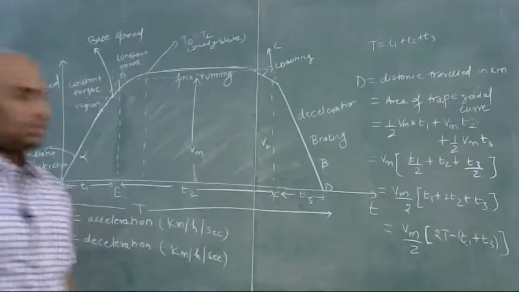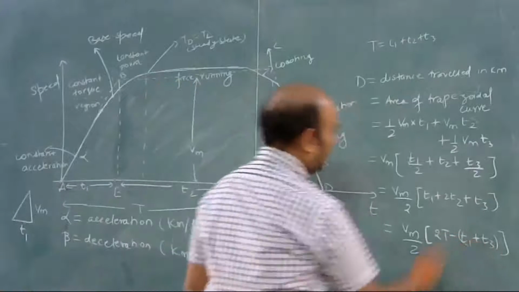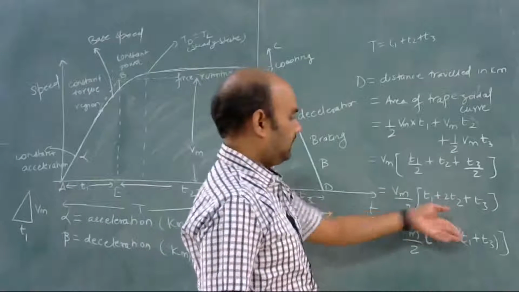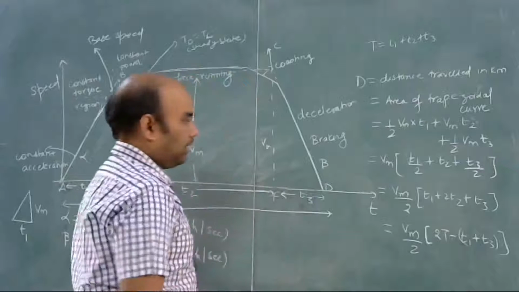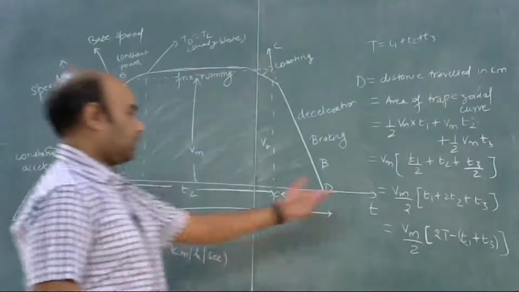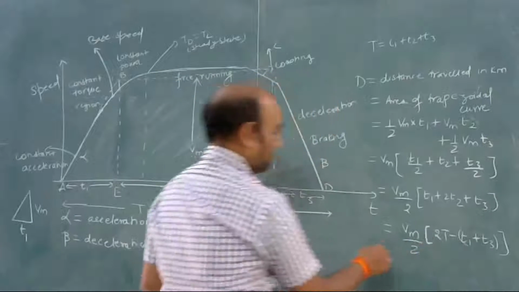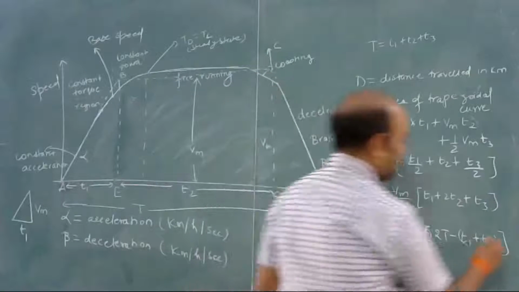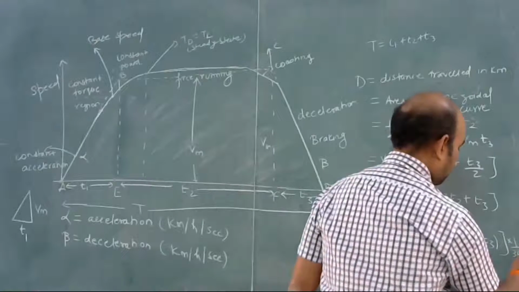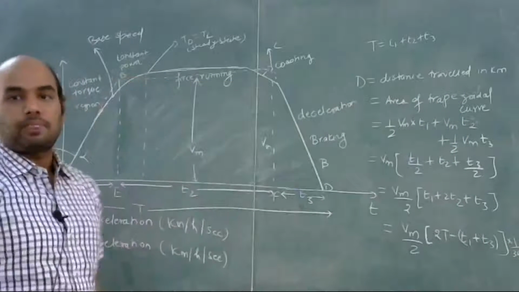Since we know the value of T1 and T3, we can substitute here. And this is in kilometer per hour, so in order to convert it to seconds, this will be multiplied by 1 upon 3600.